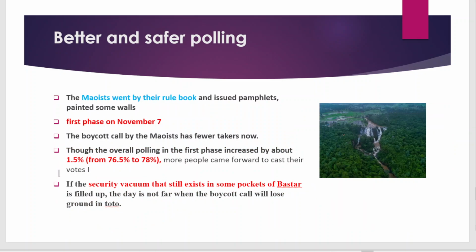And despite the Maoist request and the Maoist threats, the people did participate in the election. The first phase of the election was held on November 7, and people participated in large numbers. And what is the outcome? Try to understand that overall polling in the first phase increased by about 1.5%, from 76.5% the previous time to 78%.